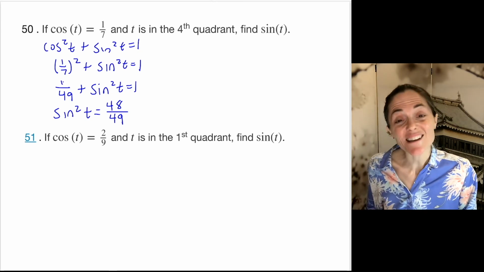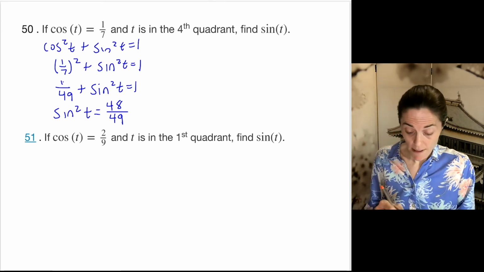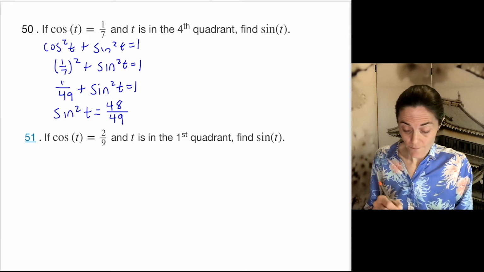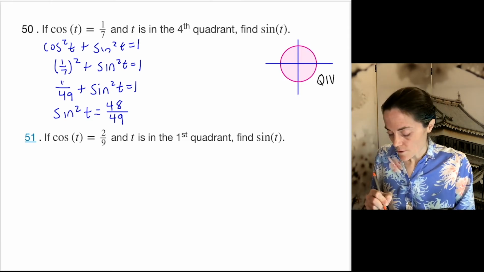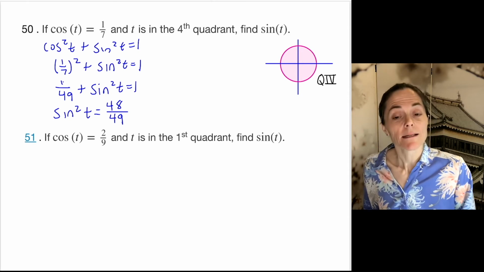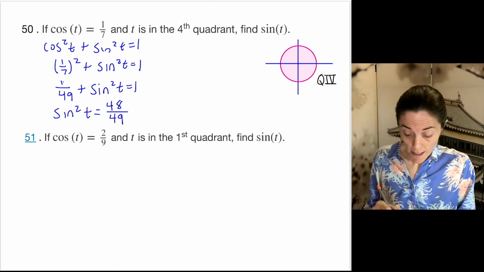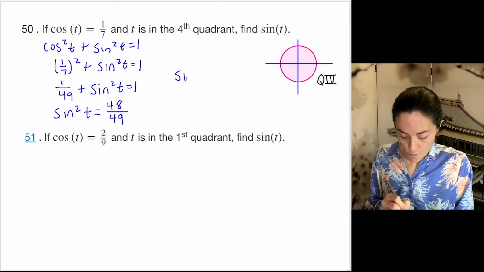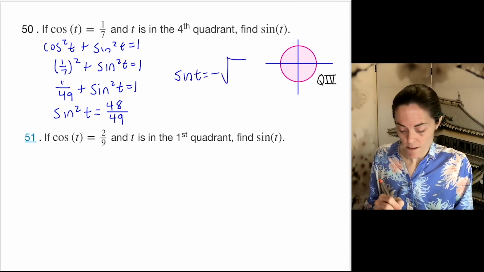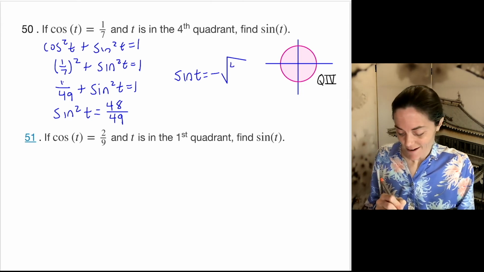Well, here's where we have to use what quadrant we are in. Let me draw a little unit circle. We are in quadrant 4. Here the sign is negative, and so I know here my answer will be that the sine of t will be the negative square root of 48 over 49.